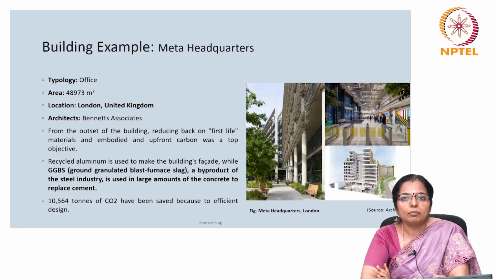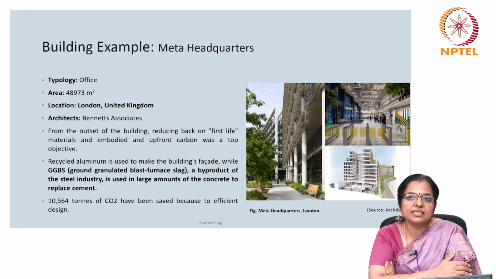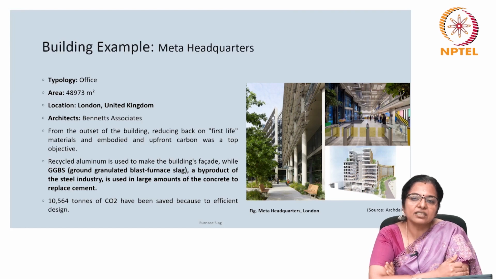Ground granulated blast furnace slag is a byproduct of the steel industry, and it plays a significant role in the project by replacing conventional cement in large portions of the concrete. This sustainable choice not only repurposes industrial waste but also substantially diminishes the carbon footprint associated with concrete production.